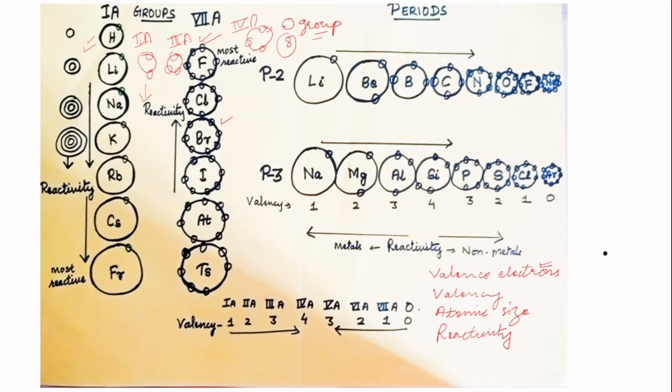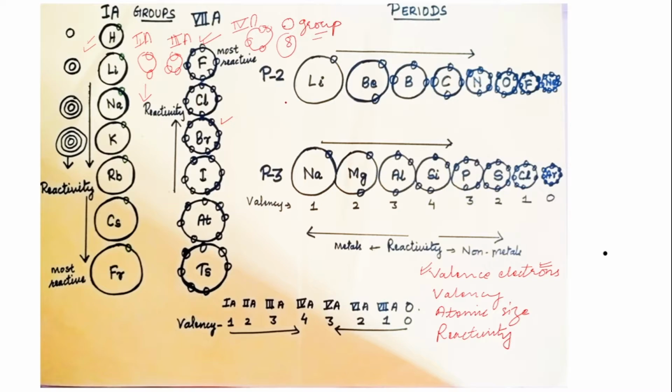So this way the number of valence electrons is same as group number in the periodic table. Okay, now in a group we understood all the elements have the same number of valence electrons.